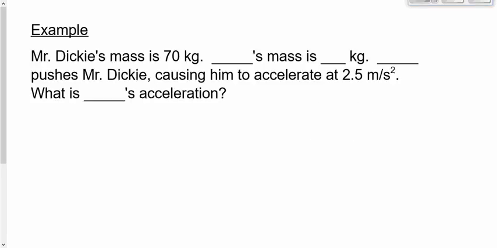All right, guys, let's quickly do a little bit of a math problem involving this, and then we'll wrap it up there, okay? So here's the example. Mr. Dickie's mass is 70 kilograms. Who do you want to pick as an example here? Okay, Isaiah. Isaiah, how do you spell your name?